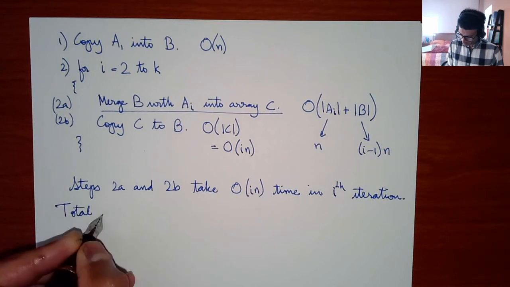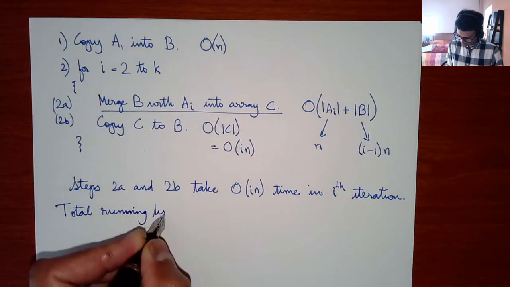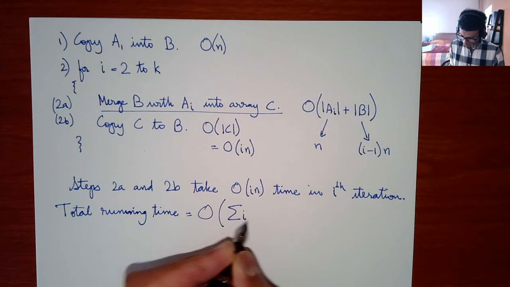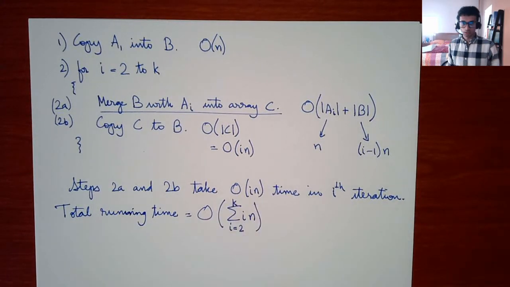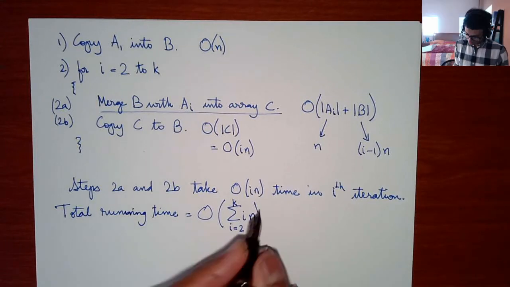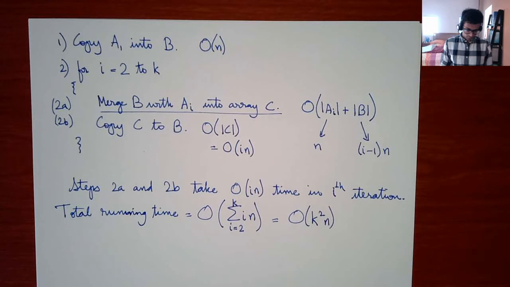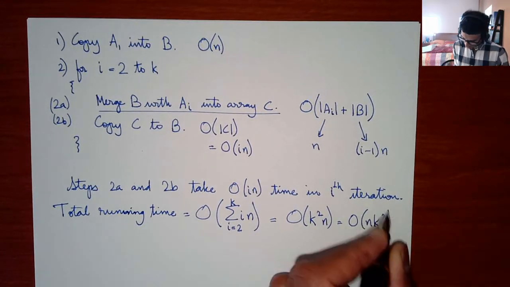Total runtime is O of the sum over i of i n, i going from 2 to k. And using the things that we've discussed so far, this is going to give you O of k squared n. Or maybe I'll just write this as O of n k squared.